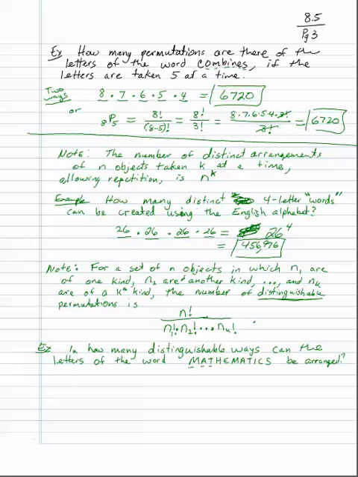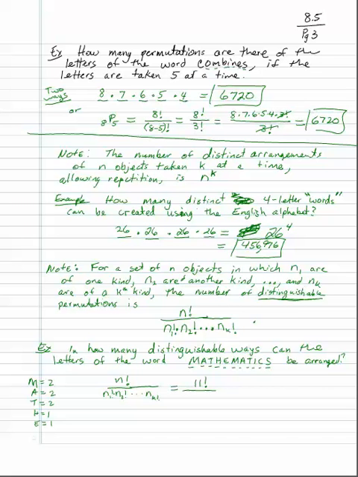So if you look, there's 1, 2, 3, 4, 5, 6, 7, 8, 9, 10, 11. Okay, so I'm just rewriting the formula down here. So that's going to be 11 factorial over, now look, for m, there's 2 m's. For a, there's 2 a's. T, there's 2 t's. H, there's 1. E, there's 1.